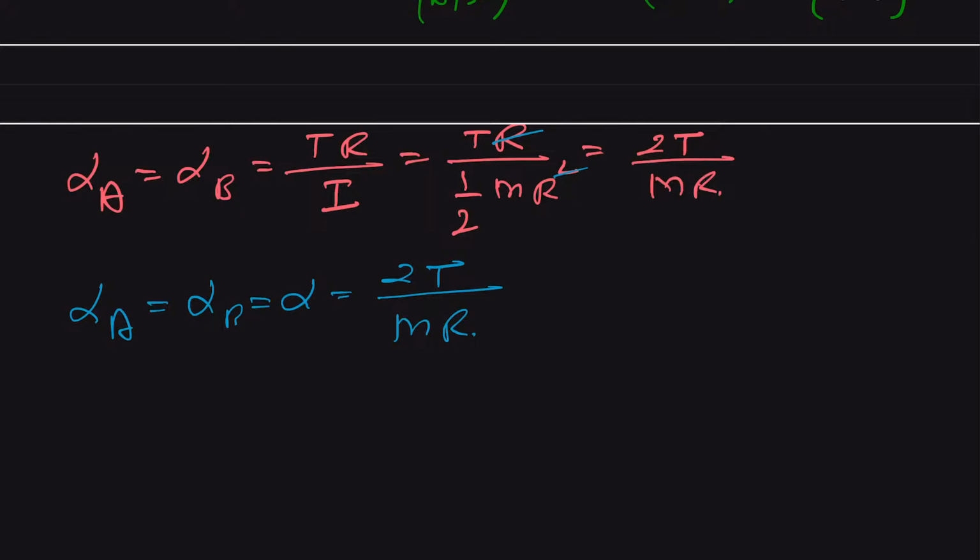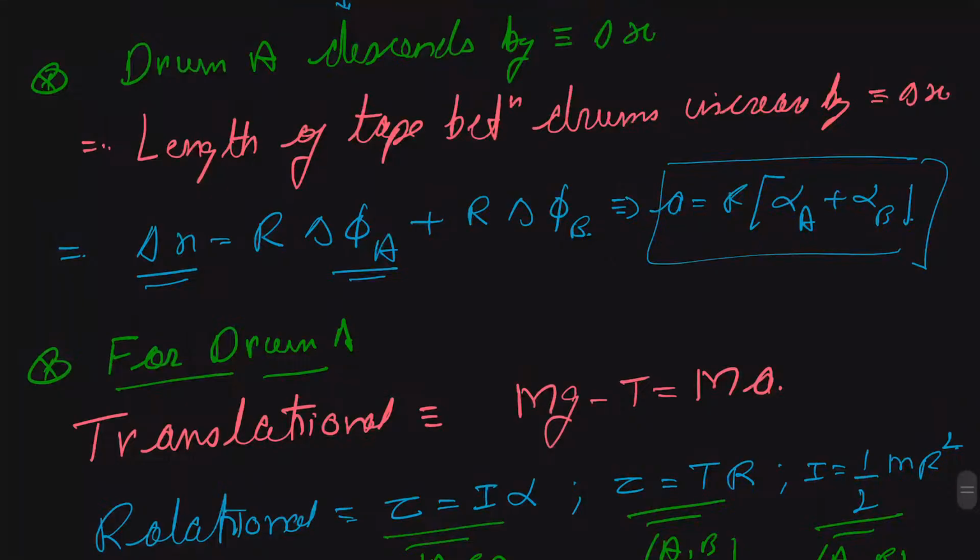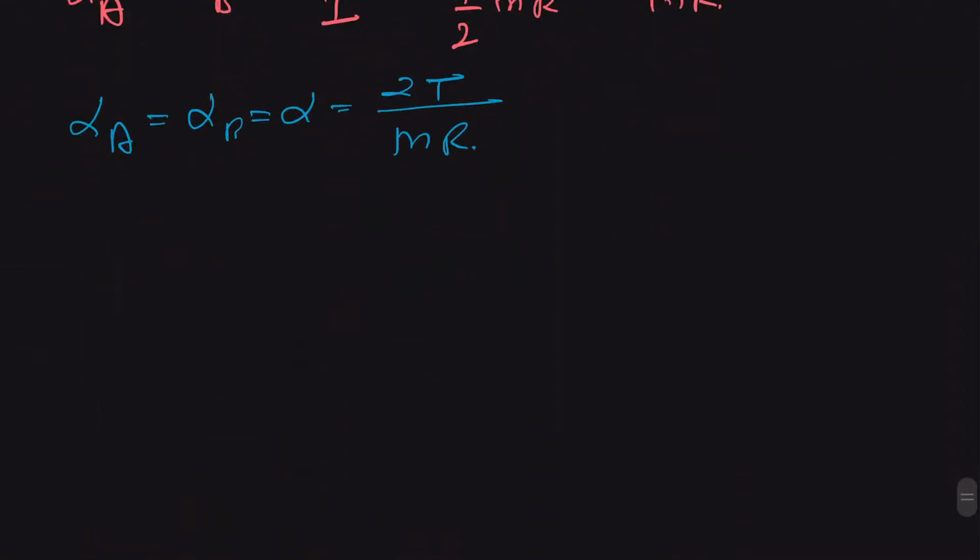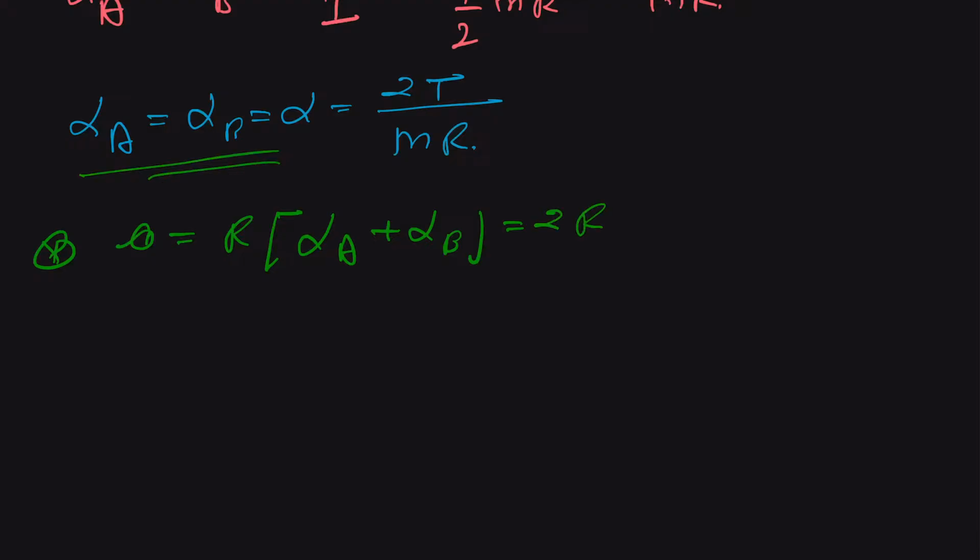Now we are going to use the constraint relationship which we just found out. So we know that a is equal to R times alpha of A plus alpha of B, and alpha of A and alpha of B are equal to alpha, so this comes as 2R times alpha.